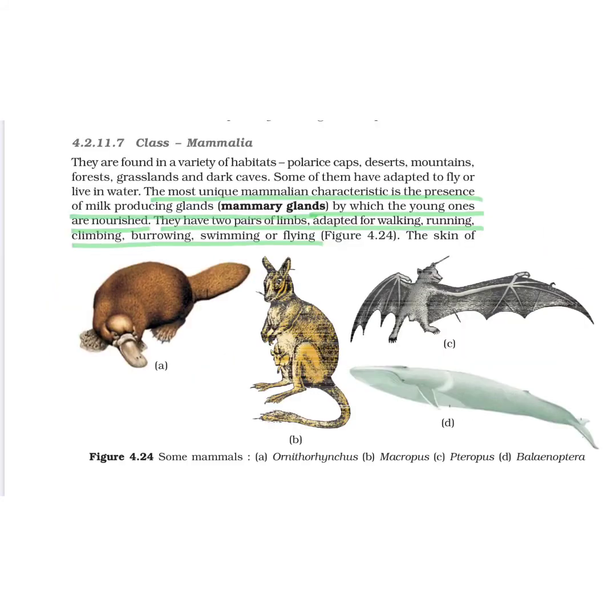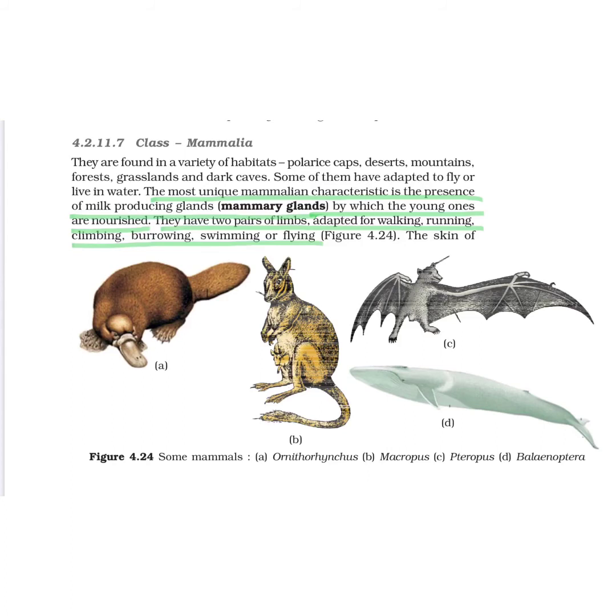So students, another most important group is class Mammalia. They are the most advanced type of animals in the world, and even human beings are included in the same group. What is the important identifying feature of Mammalia?